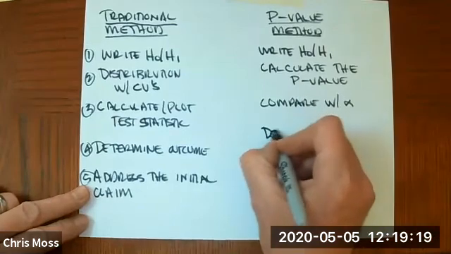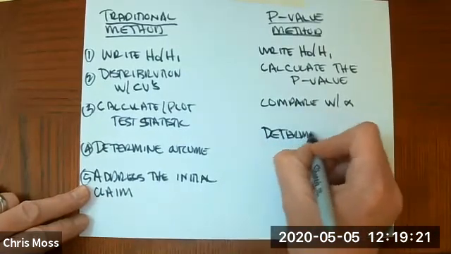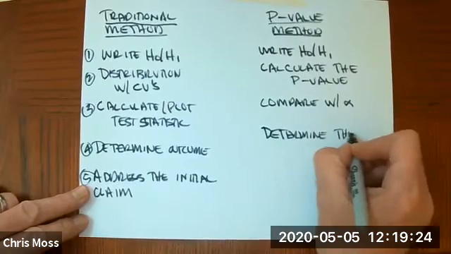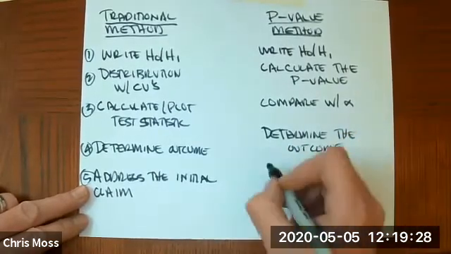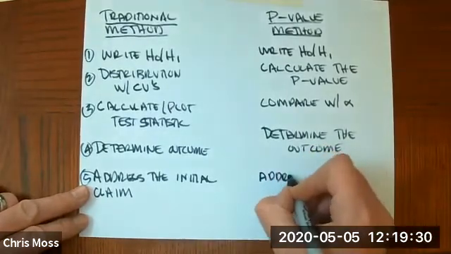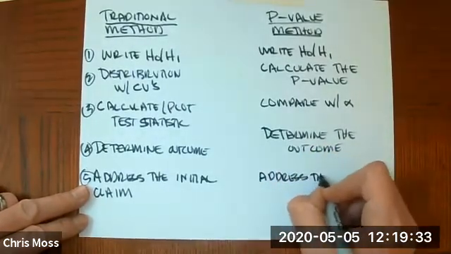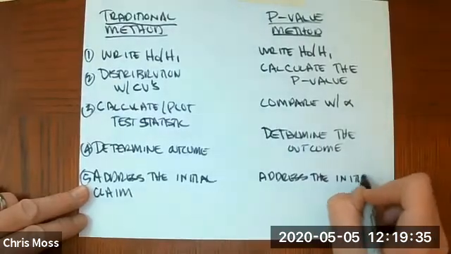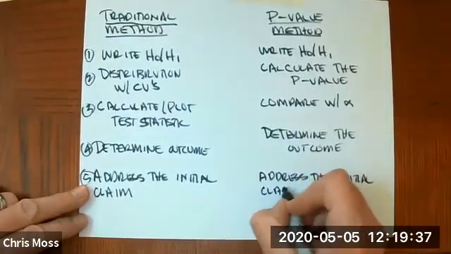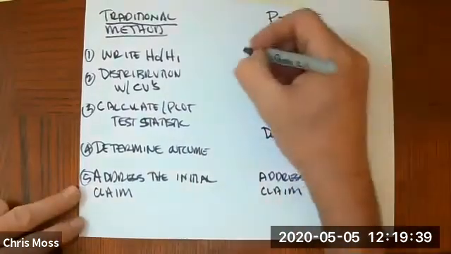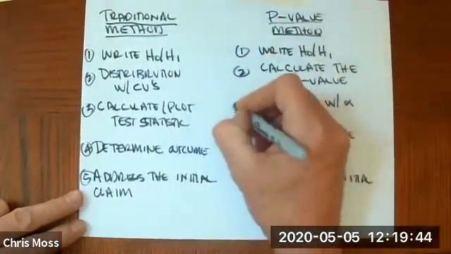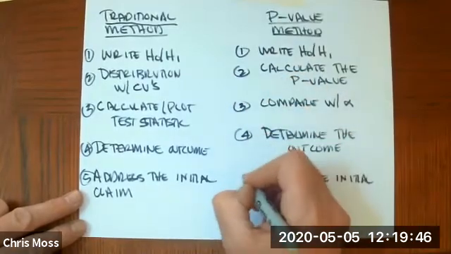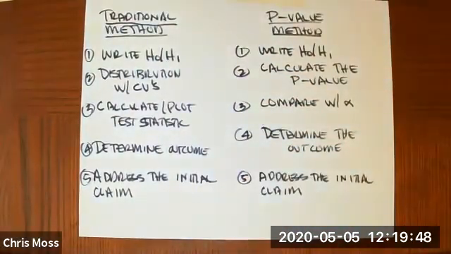I will determine the outcome, and I will address the initial claim. 1, 2, 3, 4, 5. Five steps again to statistical nirvana.